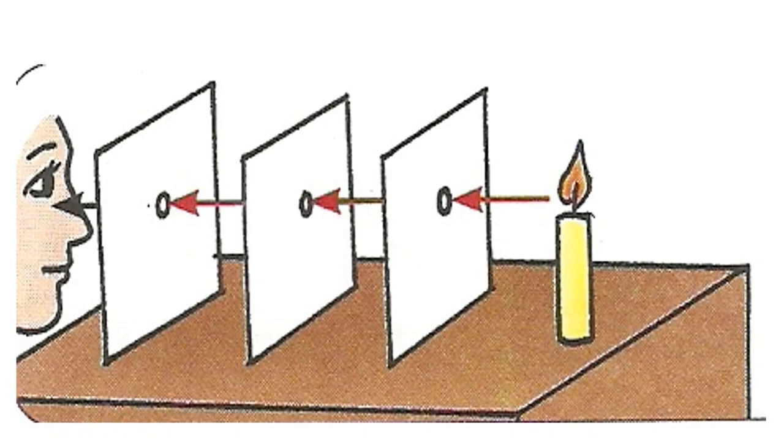Through this picture, we can understand how the setup should be while performing this activity. Here we can see that the lighted candle is placed on the table and 3 cardboard pieces with hole in them are also aligned so that if we try to look through the hole of the extreme board, we can see the light.